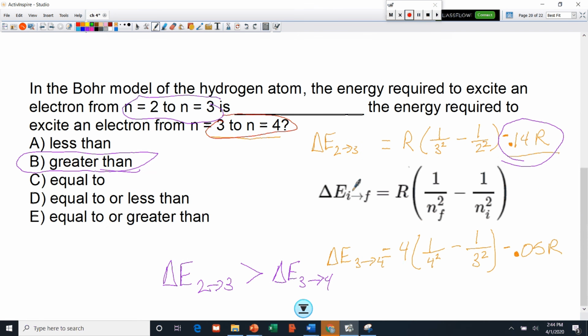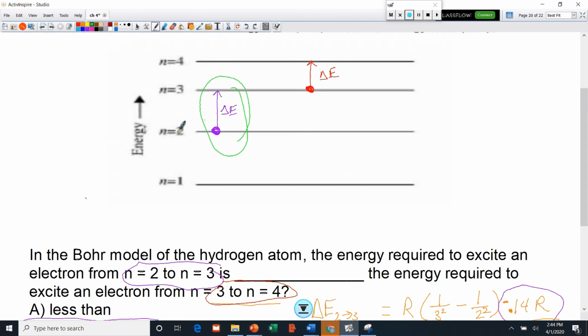So you can do it using the Rydberg equation and just solving for whatever times R. This is always going to be right. With the diagram, you have to remember the trend that it takes more energy here than here and here. So this is the largest amount of energy, this one would be medium, and this one would be small.